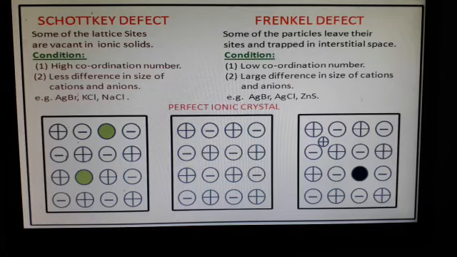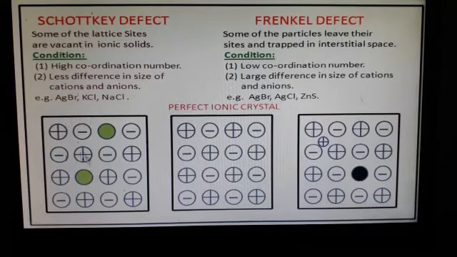Here, compare this picture. Here a total of 8 positives and 8 negatives are present. So the ratio is 8 by 8, again 1 by 1. If you count charges, plus and minus, the overall charge is 0. 8 plus and 8 minus.